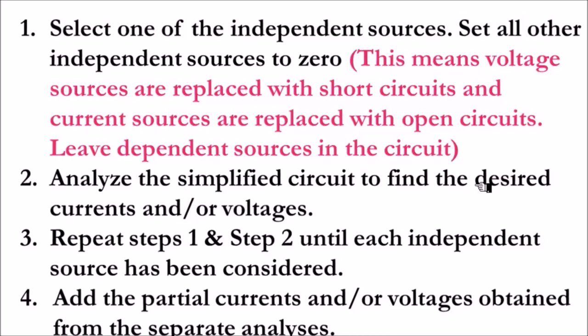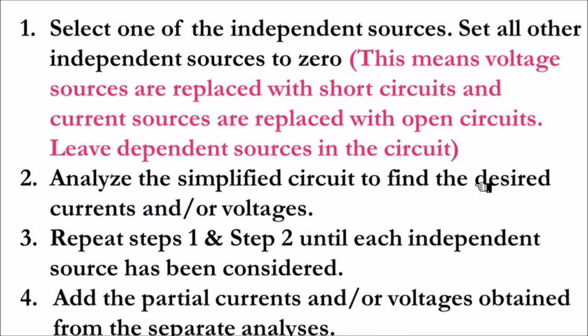After activating one independent source, you go to step 2: analyze the simplified circuit to find the desired current or voltage. Now you analyze the circuit with only one independent source and find the current in the desired element. Step 3 says repeat steps 1 and 2 for each of the independent sources in the circuit.